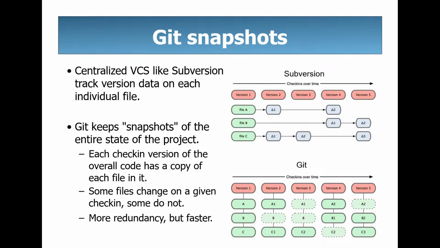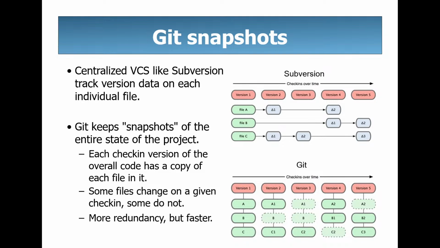A tree object contains references to blobs and other trees, representing the file system of the project. Commits: a commit object points to a tree object that represents the state of the project at that commit. The commit object also includes metadata and a reference to its parent commits.